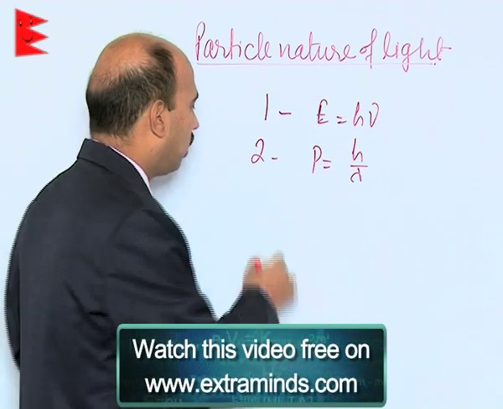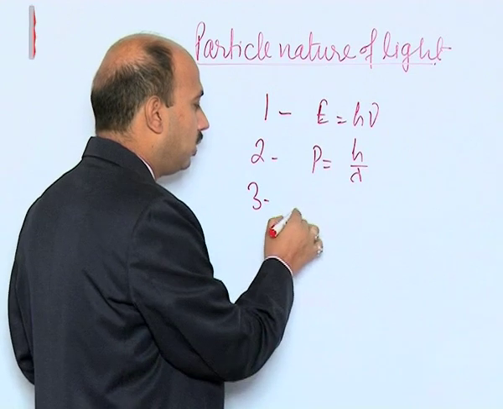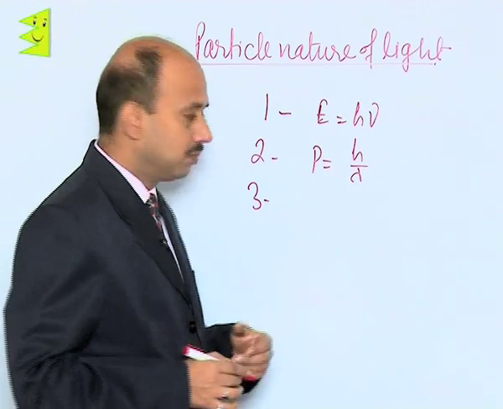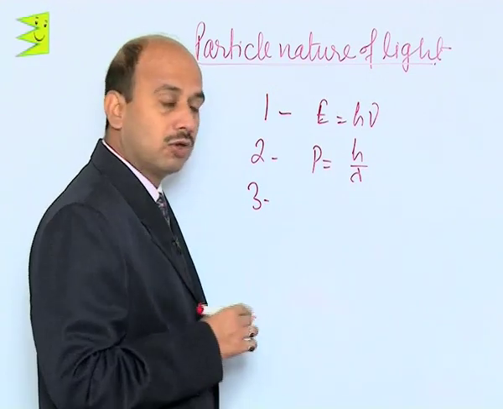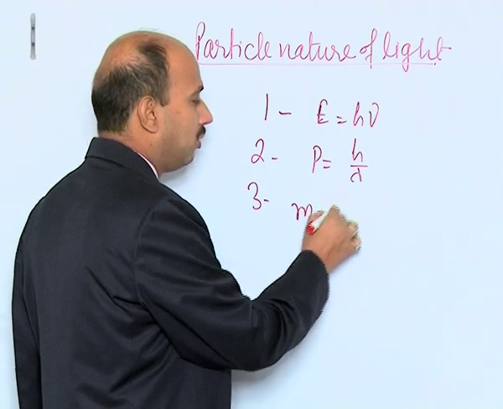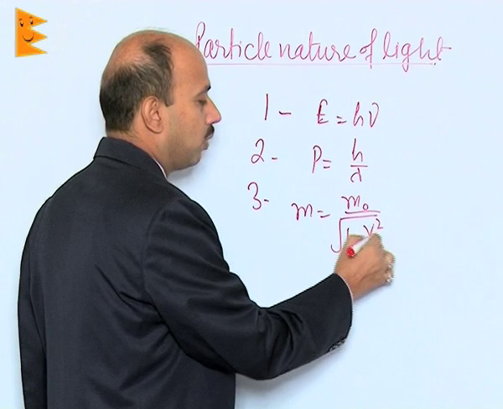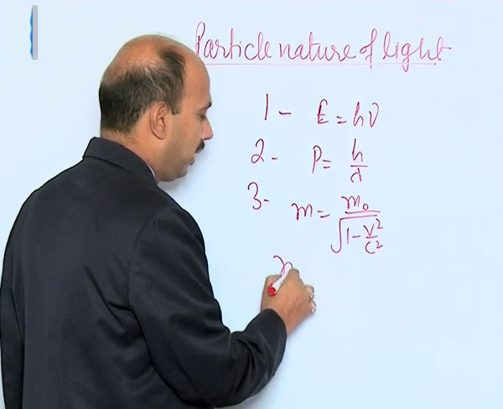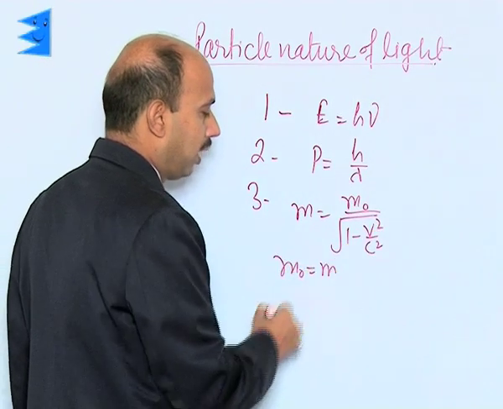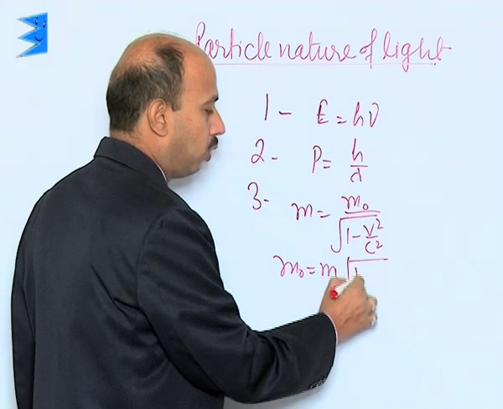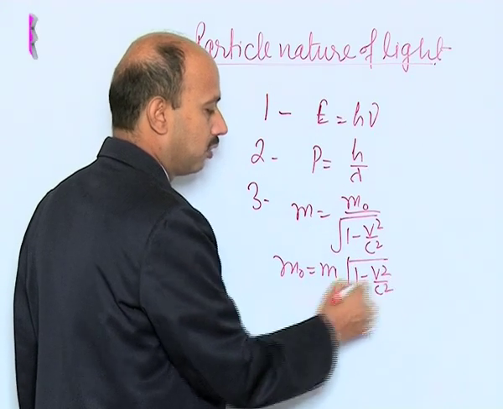And the third important property we can take is Einstein's mass-velocity relation, that is m is equal to m naught upon under root of 1 minus v square upon c square. So we can write m naught is equal to m into under root of 1 minus v square upon c square.